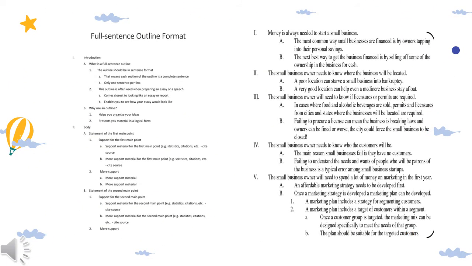So here, class, just like what I have said, here's the example of what we call a sentence outline. You will see the great difference of it with the topic outline, wherein, as you can see, it is stated in complete sentences, since we're talking about a complete idea. That's the difference of a sentence outline to a topic outline. Of course, there's a similarity.